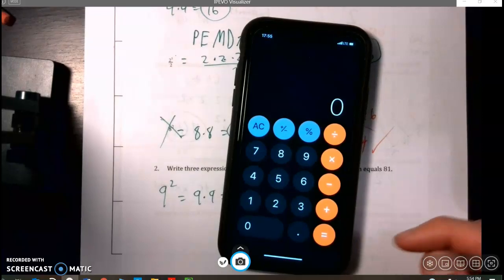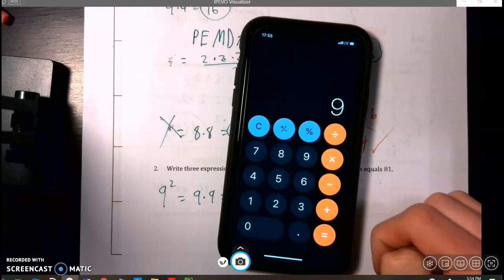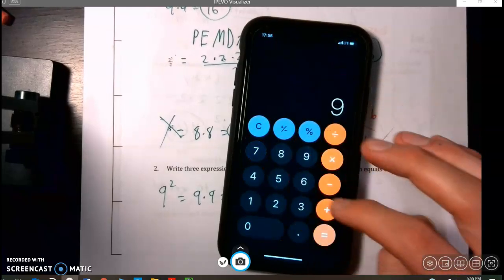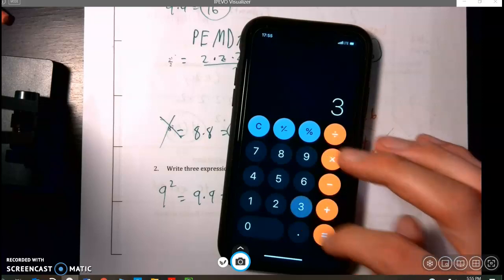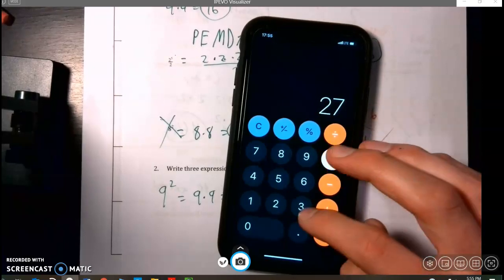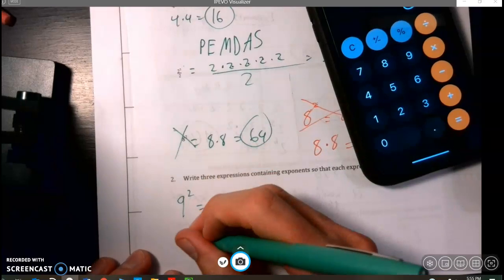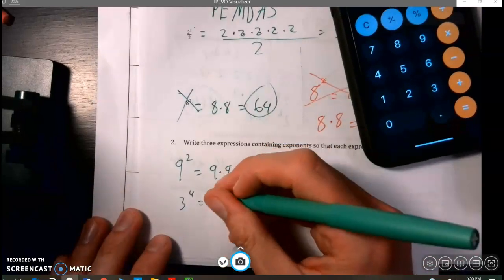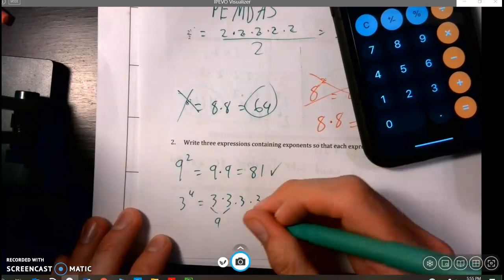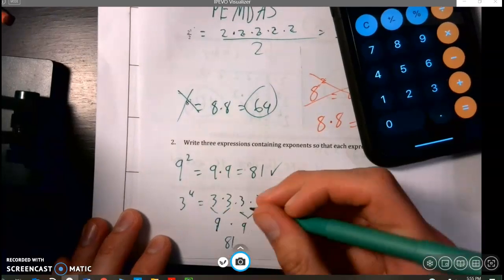So let's see if we could do 3 to a certain power to get to 81. 3 to the second power is 9. 3 to the third power is 27. 3 to the fourth power is 81. So if you did 3 times 3 times 3 times 3, multiply the first 2, you get 9, multiply the second 2, you get 9, and you can see that you would get 81.